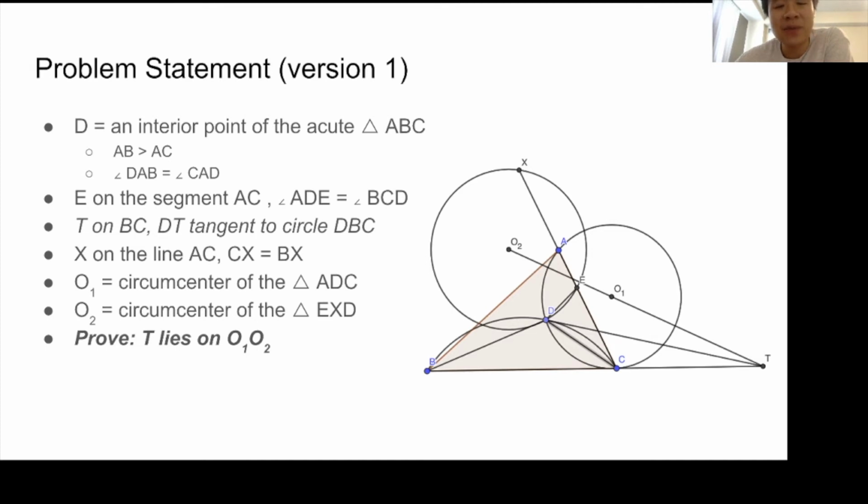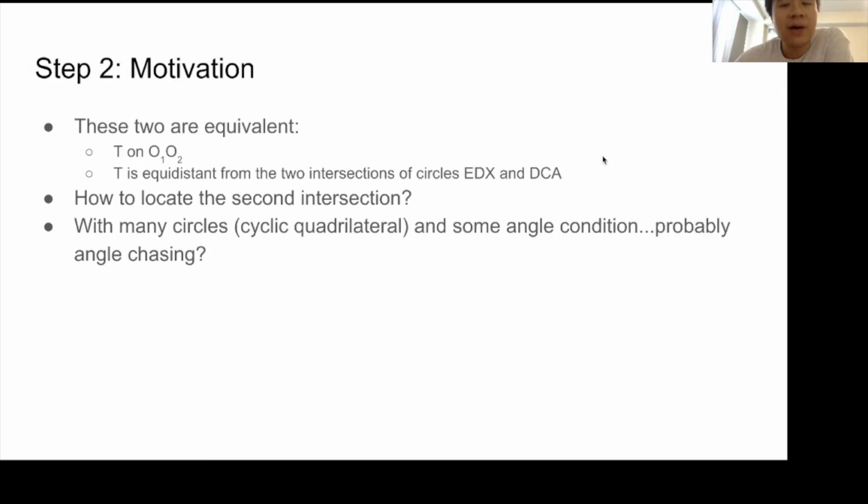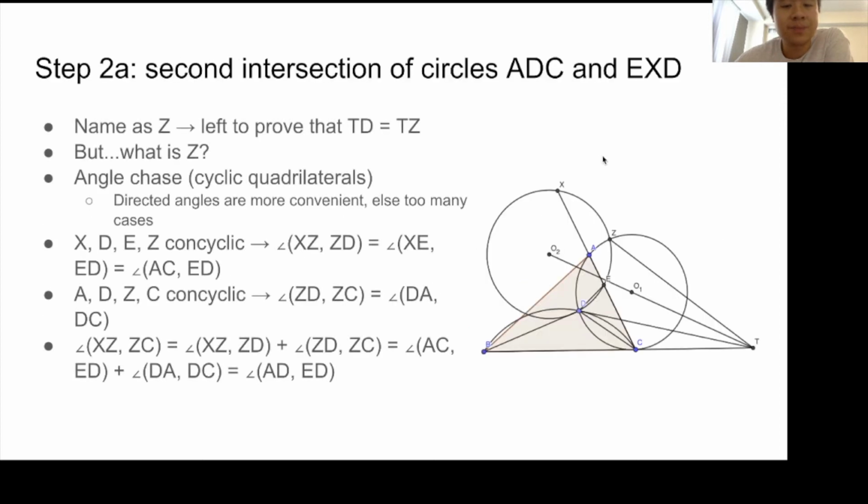And at the same time, we might also be able to make good use of other angle conditions, for example, the one that is provided earlier on in the problem statement. So how are we going to do that? So yeah, let's say this new point is Z, and then recall that we want to show that TD equals TZ, and here goes into all the angle chasing that we have.